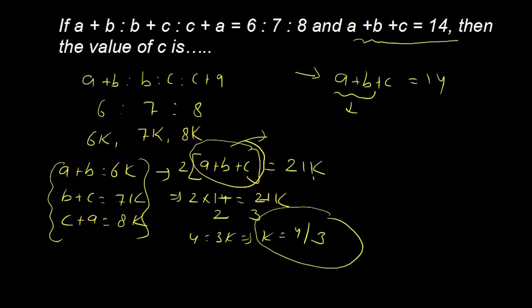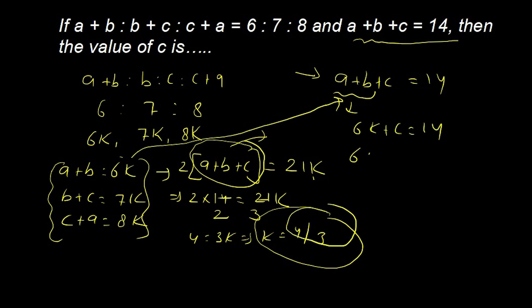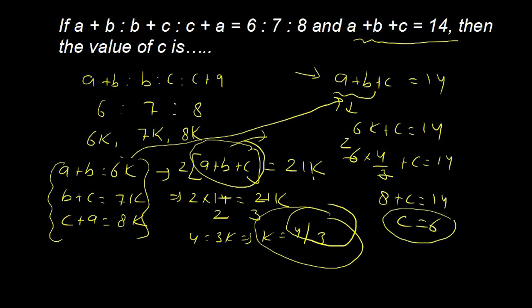By this equation, it was 6k, so 6k plus c is equal to 14, and k is 4 by 3. So let's put the value over there. 6 into 4 by 3 plus c is equal to 14. 3 twos are 6, 2 fours are 8, plus c is equal to 14. So the value of c is going to be 6.